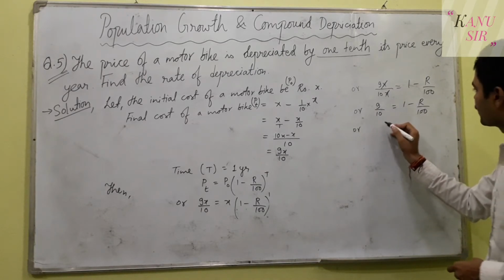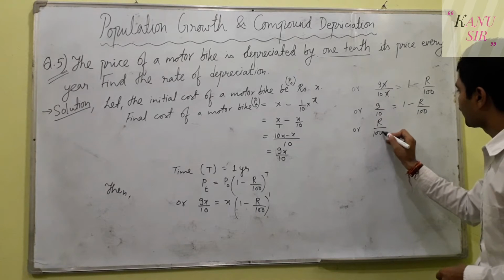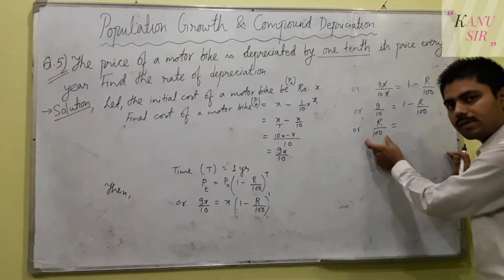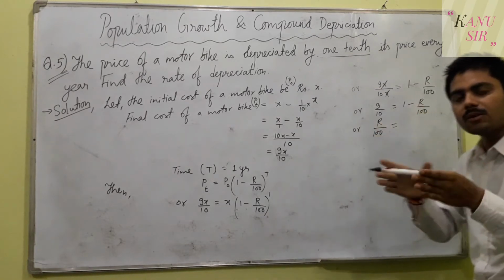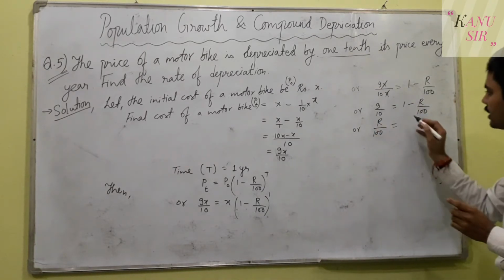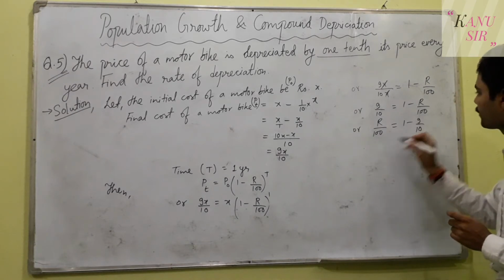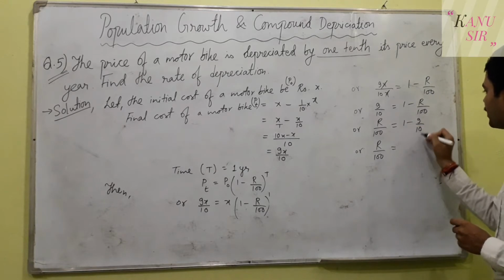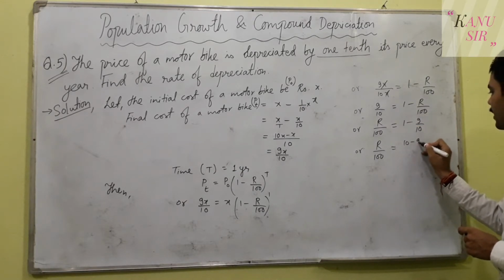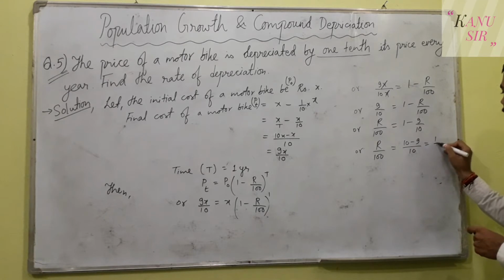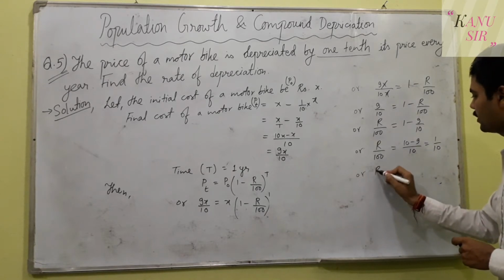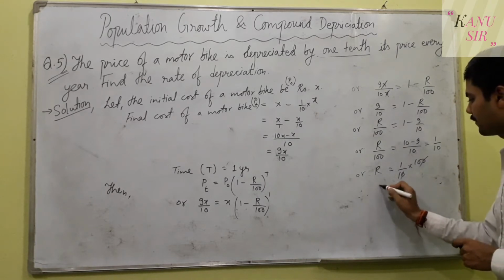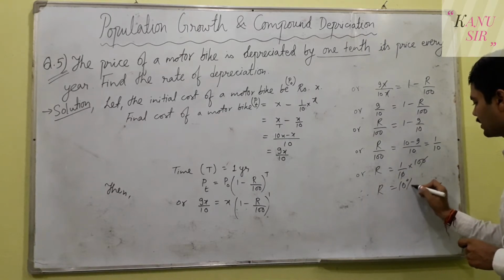The r upon 100 is brought to the left hand side so that it becomes positive, which makes it easier to find the values. So r upon 100 is equal to 1 minus 9 upon 10, which is 10 minus 9 upon 10, that is 1 upon 10. So r is equal to 1 upon 10 into 100, and cancelling zeros, r is equal to 10%.